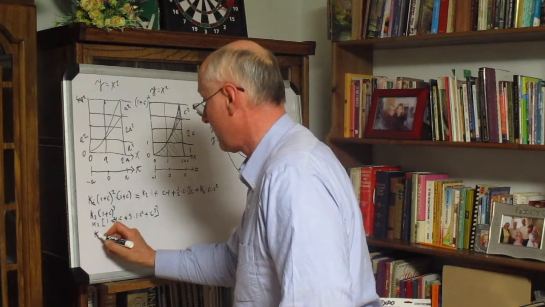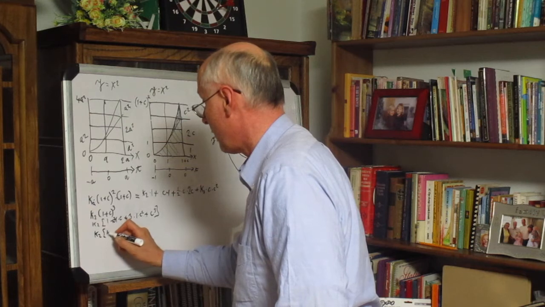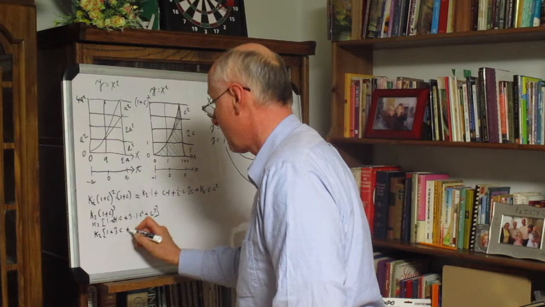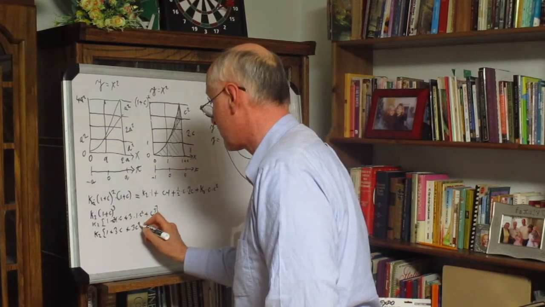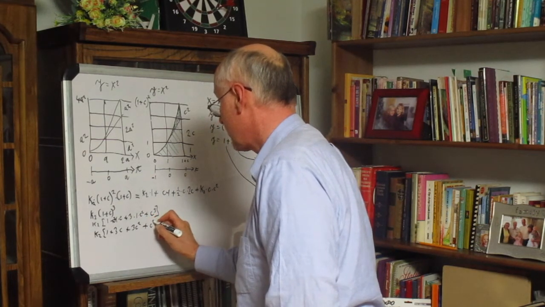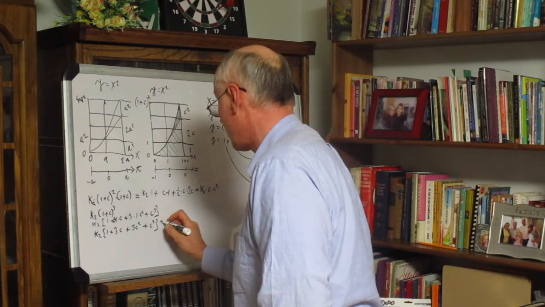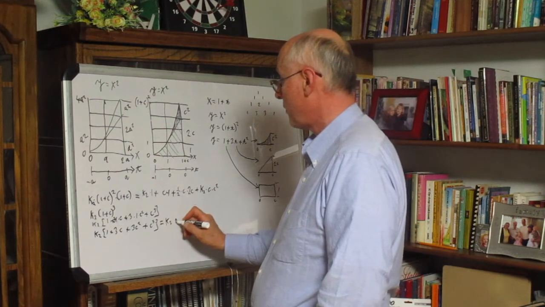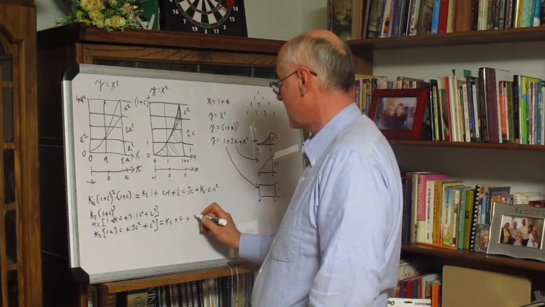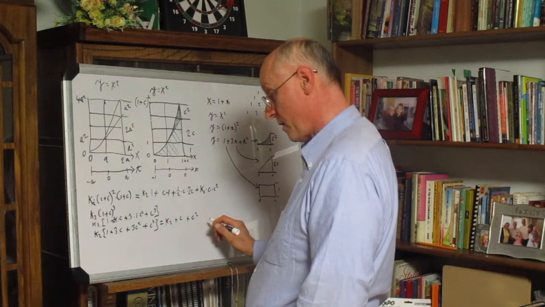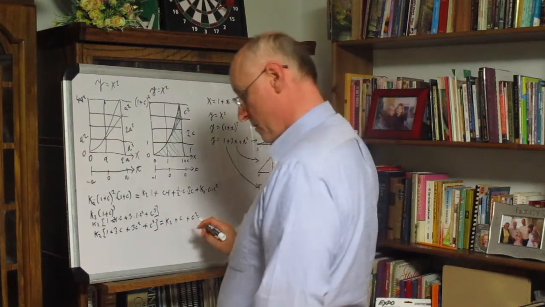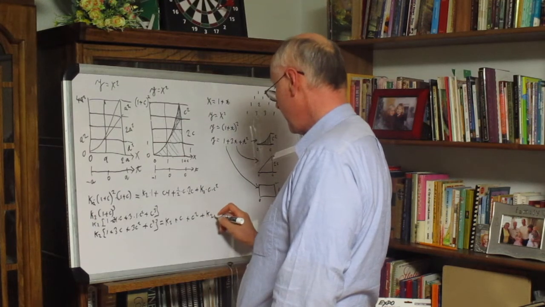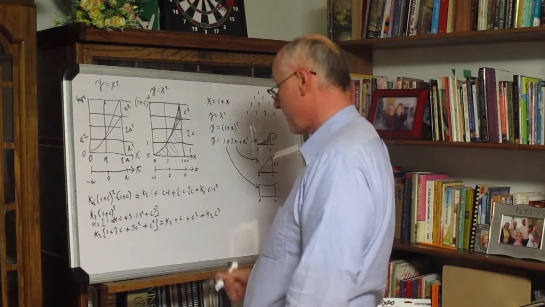So we got K2 times 1 plus 3C plus 3C squared plus C to the third equals K2 plus C squared plus K2 C to the third.